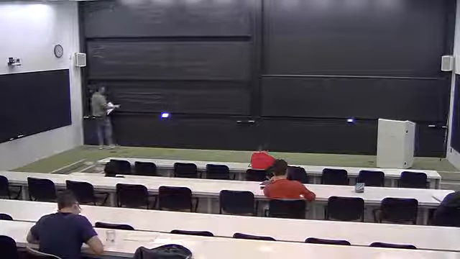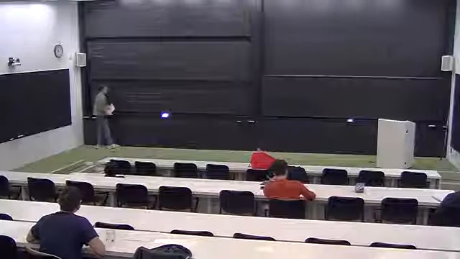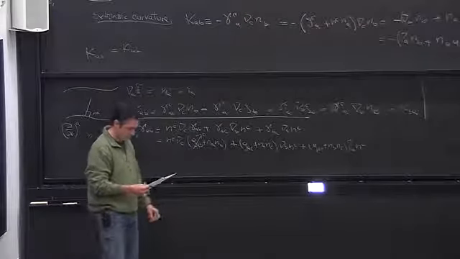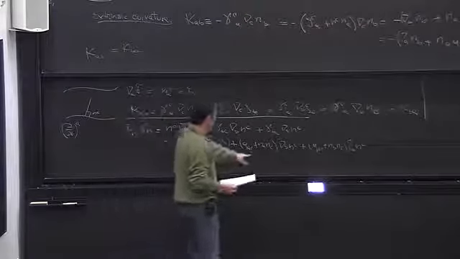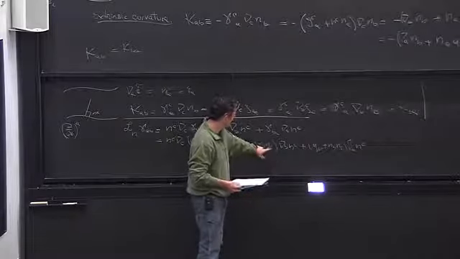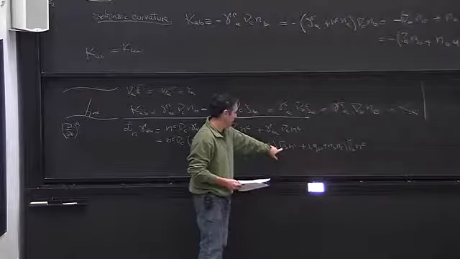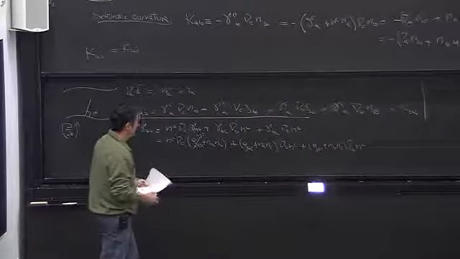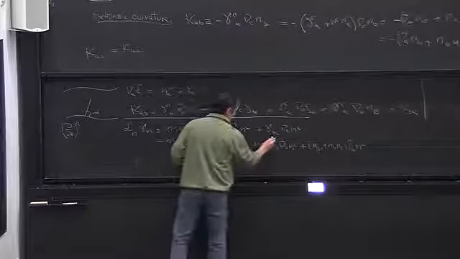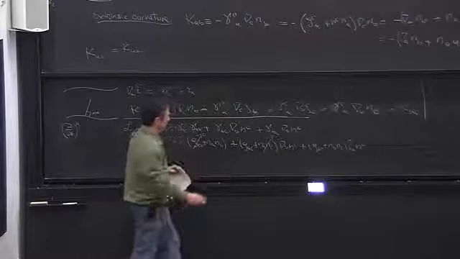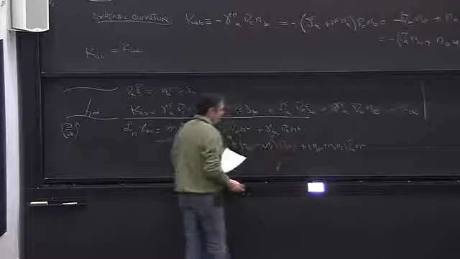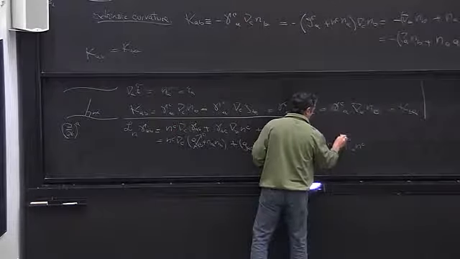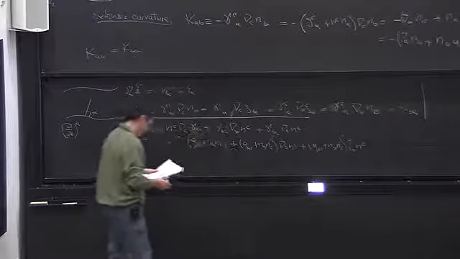So this is 0, because we're just taking the covariant derivative of the metric. This is 0, because we have NC grad of NC, and we say that n is a unit normal. So that's 0. Well, this contracted is 0, of course. And also this one, for the same reason.